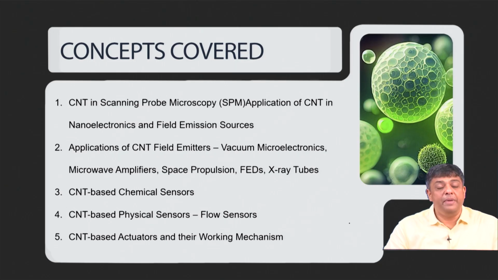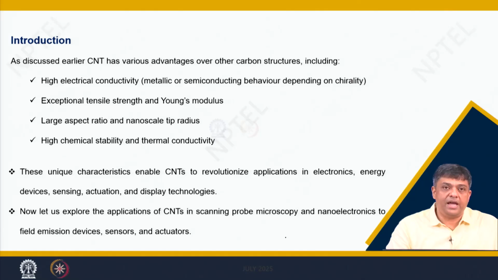Then there is a major area where these CNTs are being utilized, and they are chemical sensors. On the physical sensors type, we will try to discuss the case of flow sensors, and then finally we would see CNT based actuators and what is the working mechanism.